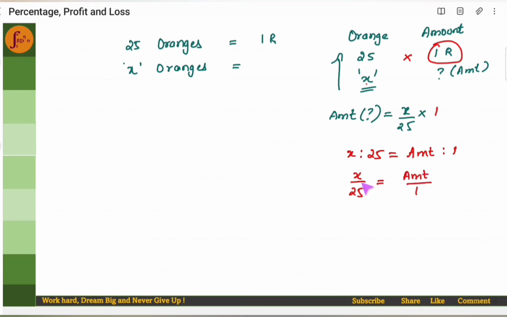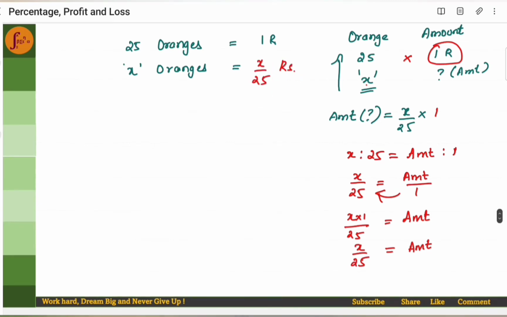You can write it in fraction format. Now, what is amount? I'll shift 1 this side, so it's X into 1 by 25. That's nothing but amount is X by 25 rupees.